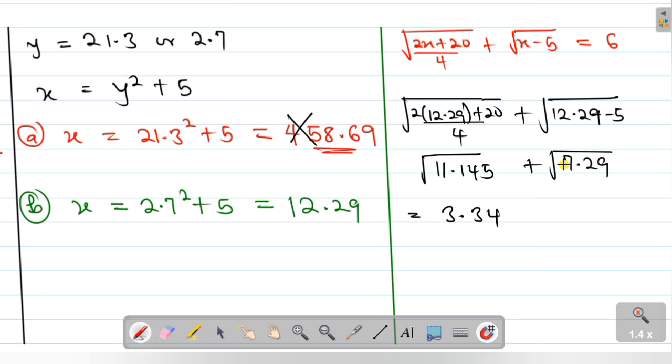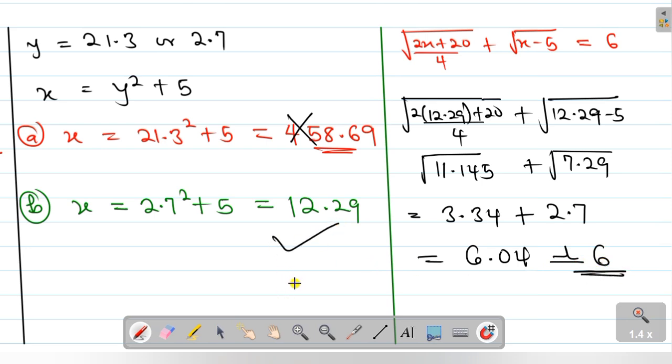So we are taking the square root of 7.29, and that's equal to 2.7, exactly 2.7. So by the time you add 2.7 plus 3.34, you get 6.04, which is approximately equal to 6.